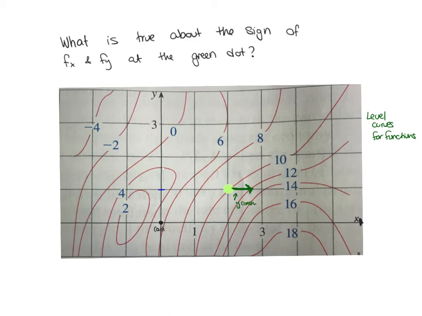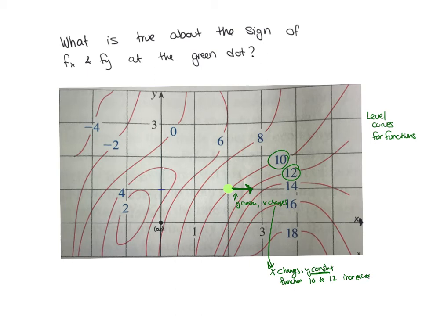And I notice that my function values go from 10 to 12. So when x changes, but y is constant, we'll write that down here. X changes, y is constant, and the function is going from 10 to 12. So the function is increasing.